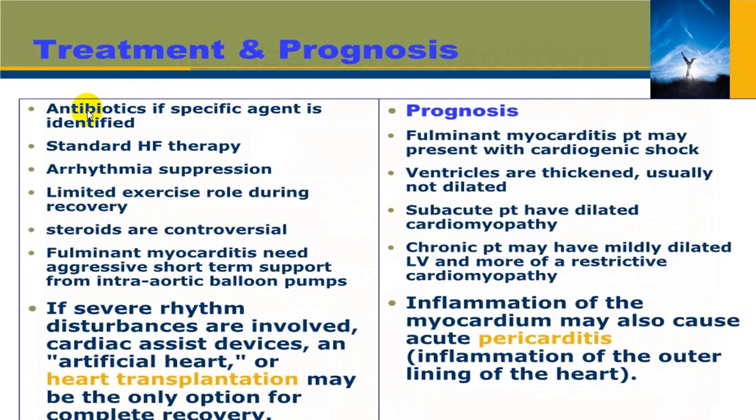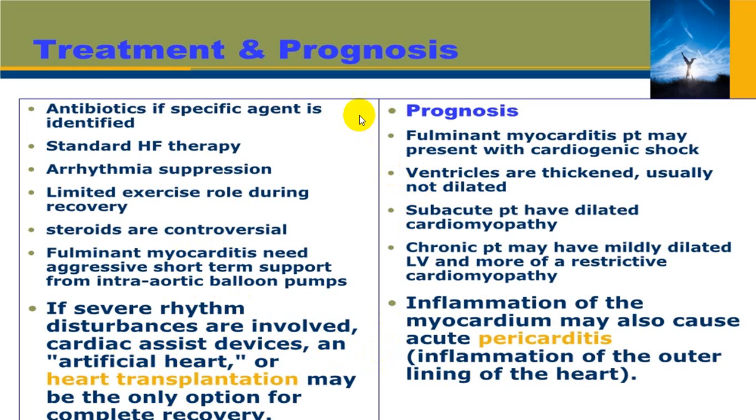If it is a bacterial infection, antibiotics, standard treatment of congestive heart failure, treatment of arrhythmias, limitation of exercise depending upon the cardiac state, steroid usually given in the autoimmune variety. A person might need extra cardiac support like LVAD or intra-aortic balloon counterpulsation in severe congestive heart failure. Very rarely they require a heart transplant in irreversible damage, or what we call end stage.